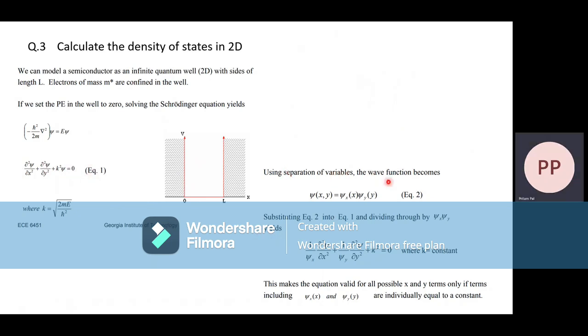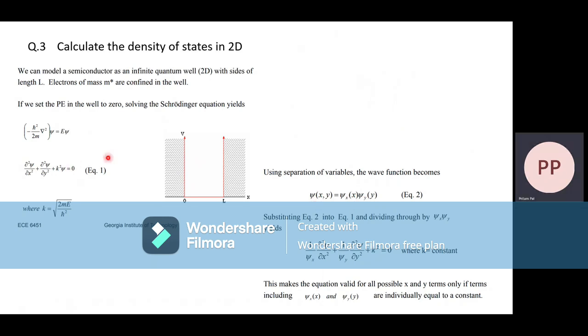Then, using separation of variables, the wave function becomes the product of two independent wave functions, one for x and one for y, combined using the separation of variables technique. Now we substitute equation 2 into equation 1.